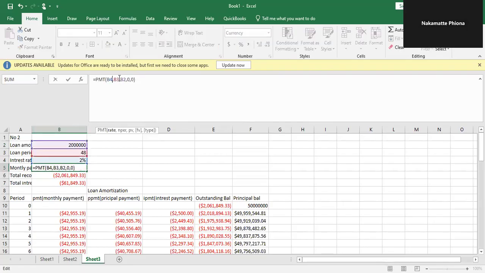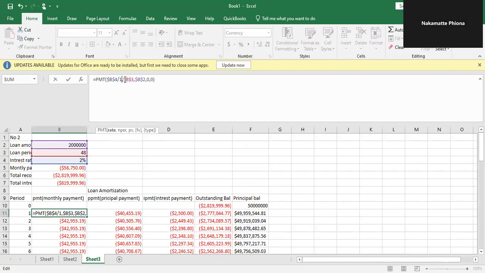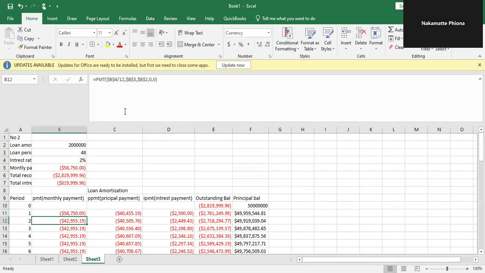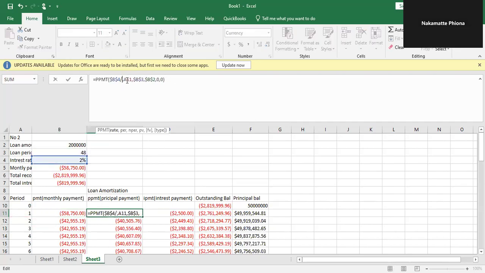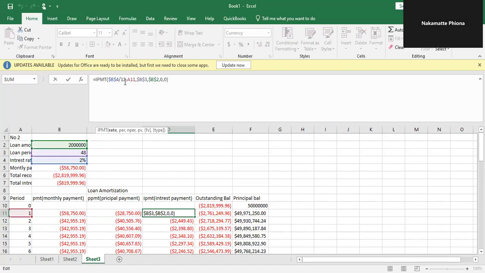So I'm going to move the ones, because the interest rate was given per month, not per annum.